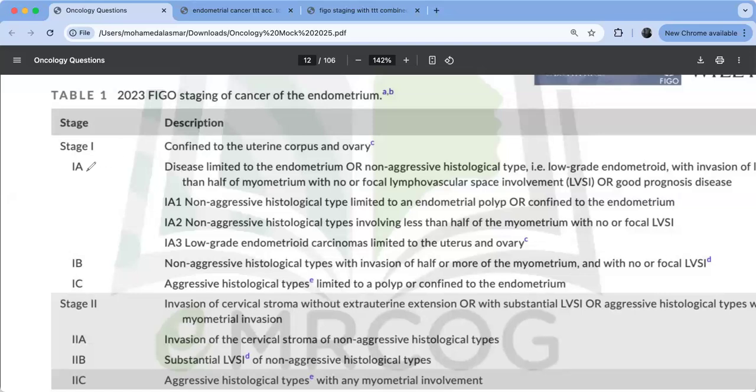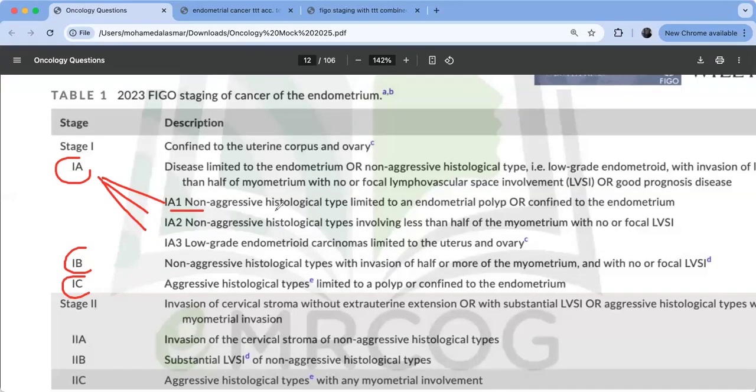For stage 1, again, 1 is subdivided into 3: 1A, 1B, 1C. 1A is again subdivided into 3: 1A1, 1A2, 1A3. 1A1 is a very small tumor confined to a polyp or endometrium, non-aggressive histological type.